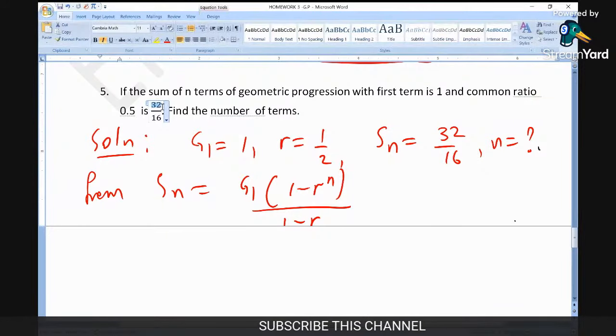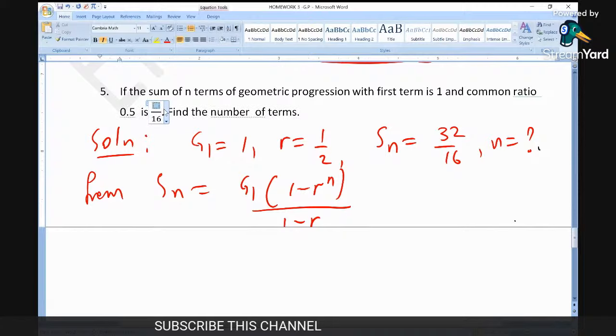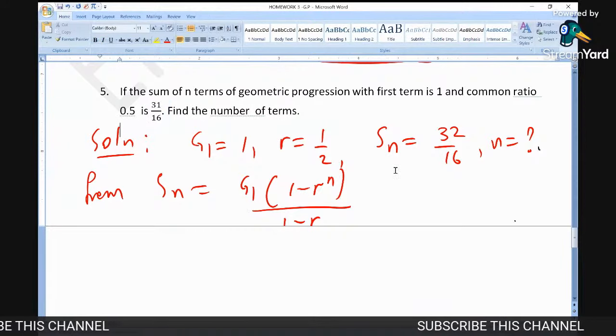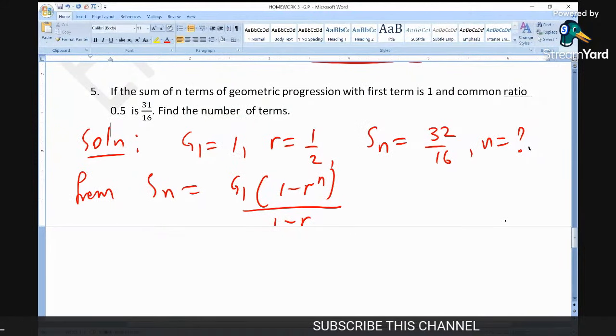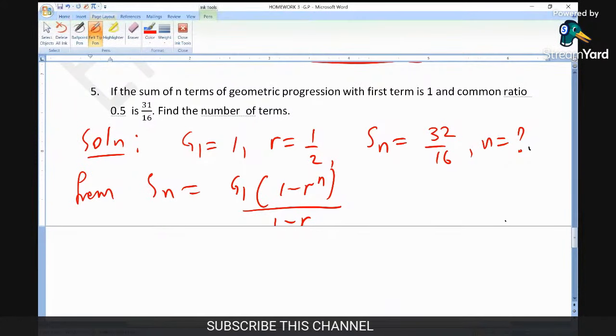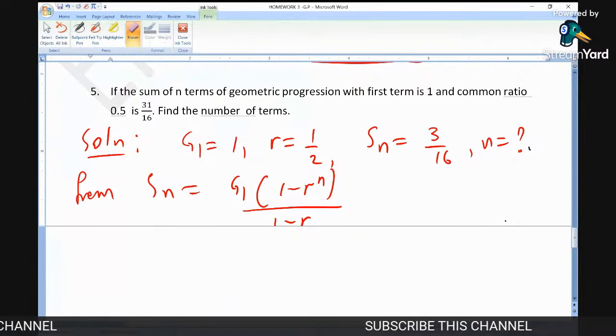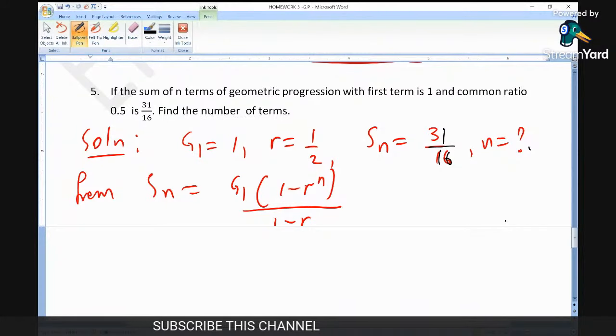So here we're changing, it is 31 over 16.